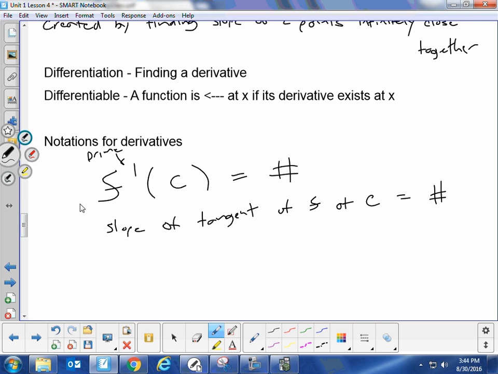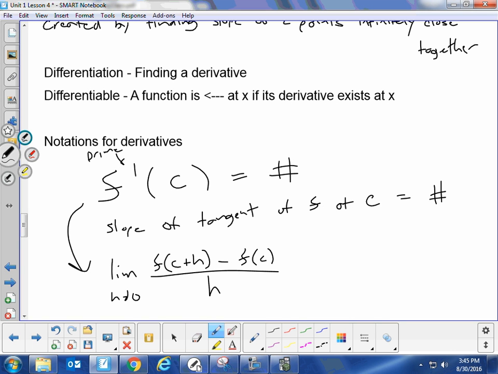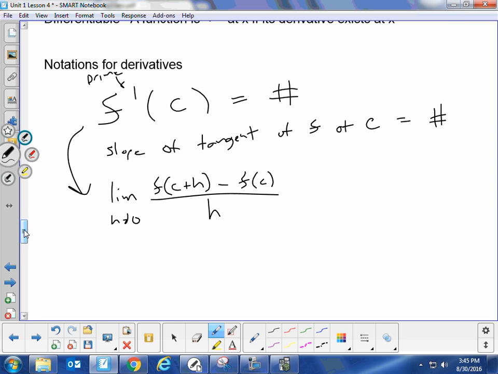This is short for just writing this: the limit as h approaches 0 of f of c plus h minus f of c over h. These mean the exact same thing. I could have also done the limit as x approaches c of f of x minus f of c over x minus c.